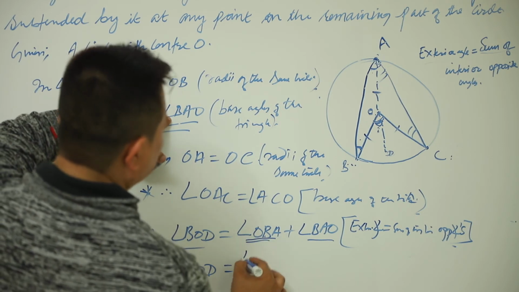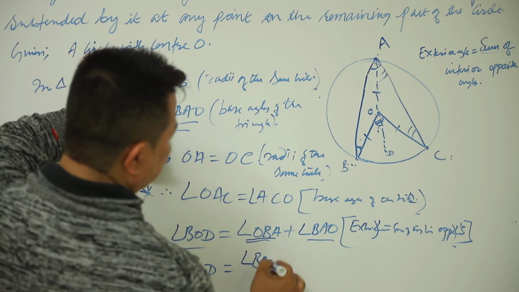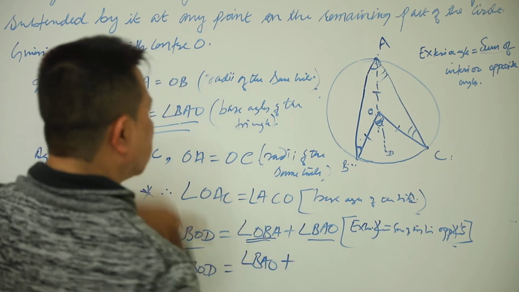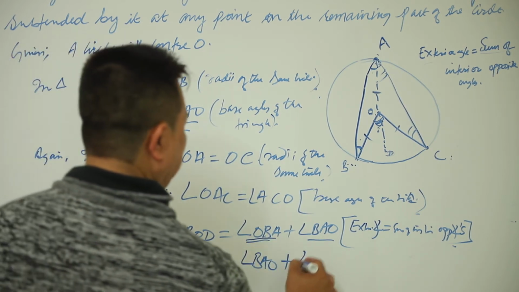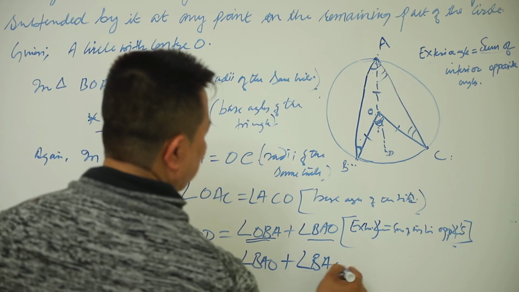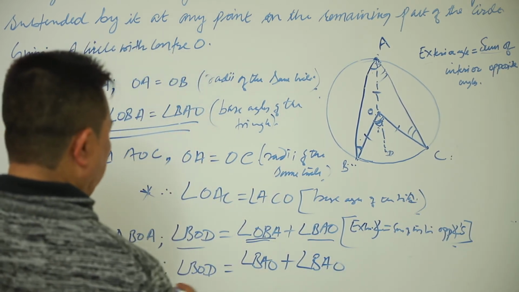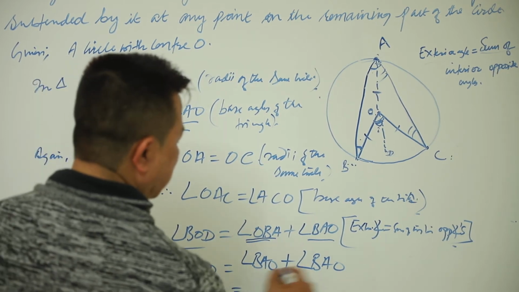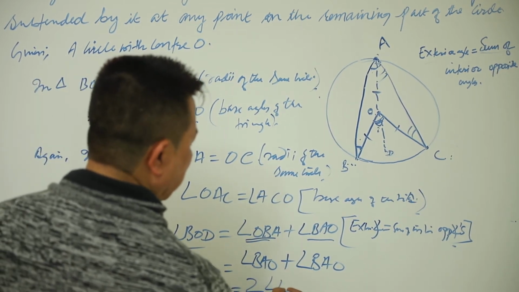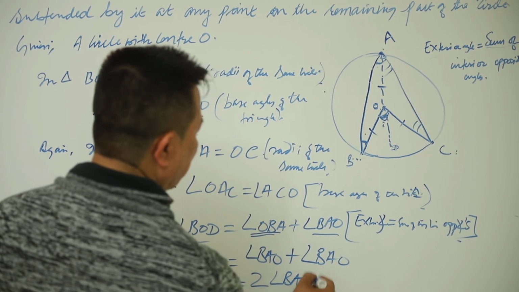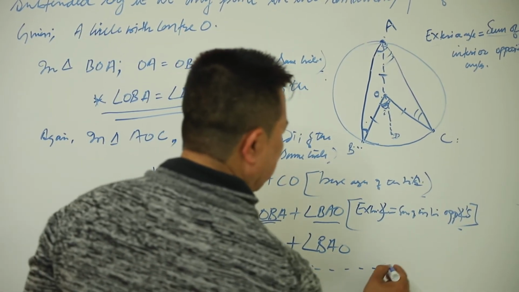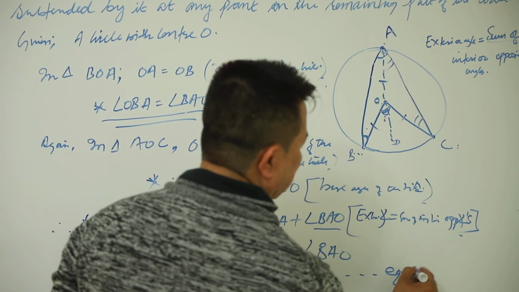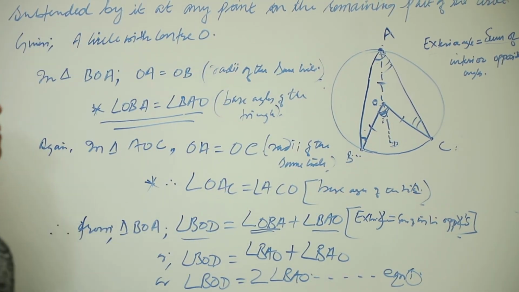So angle OBA, you can write angle BAO. Angle BOD equals angle BAO plus angle BAO, and when you add this, it is twice angle BAO. So this is equation number 1.